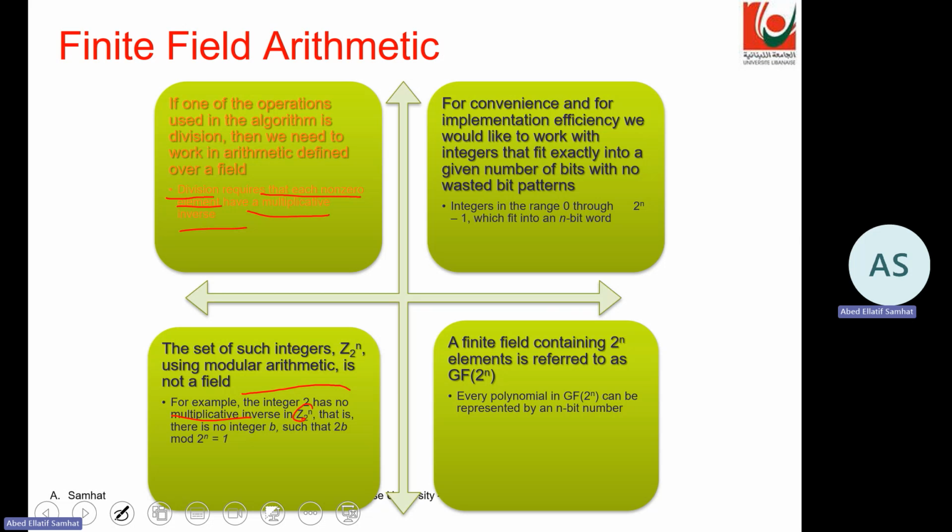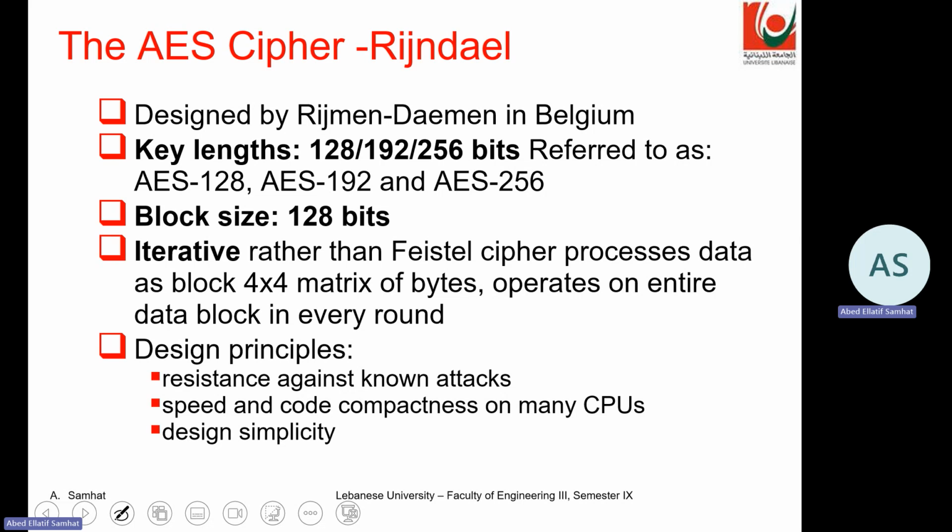Now it's also possible to use a polynomial representation, as you know. And here we want to use the Advanced Encryption Standard within this context. It was defined by Rijmen and Daemen in Belgium, and we are able to use key lengths of, for example, 128, 192, or 256 bits.